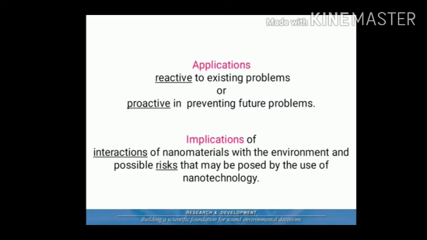Nanotechnology has applications and also implications. First, application. Nanotechnology is reactive to existing problems or proactive in preventing future problems. But also, nanotechnology has its implications of interaction of nanomaterials with the environment and possible risk that may be posed by the use of nanotechnology.